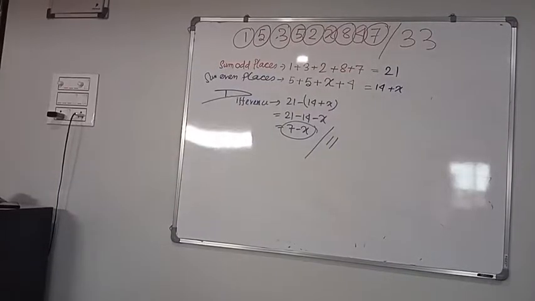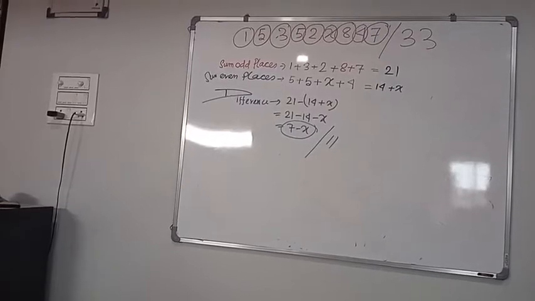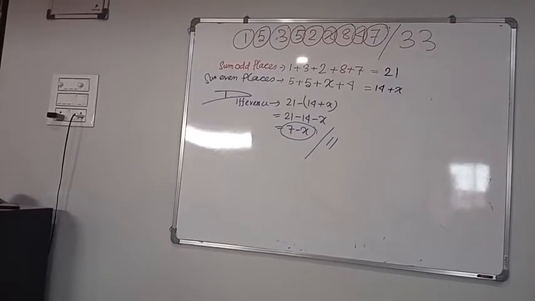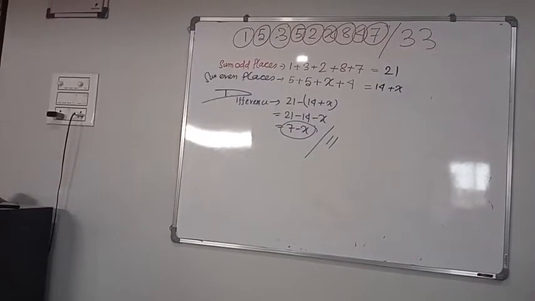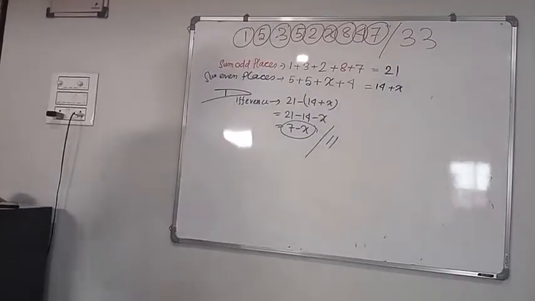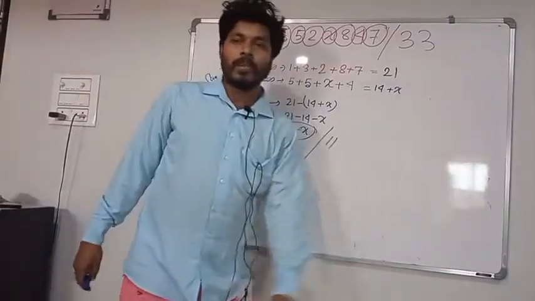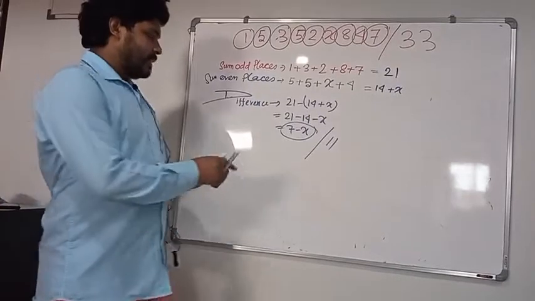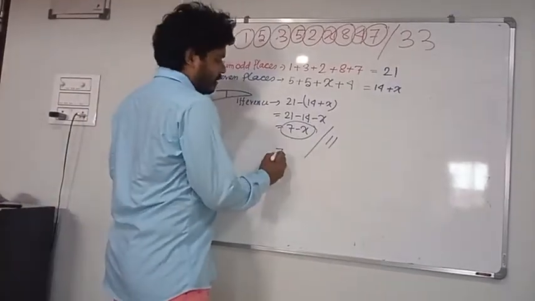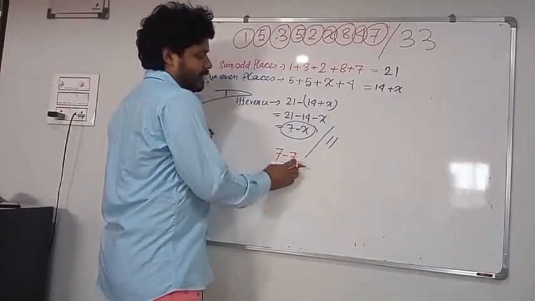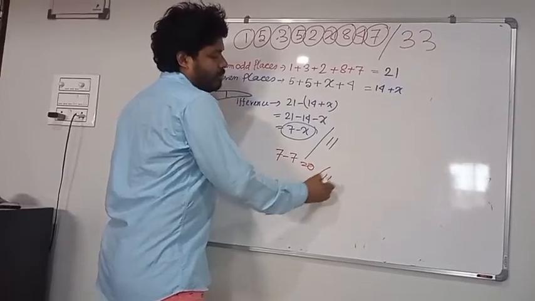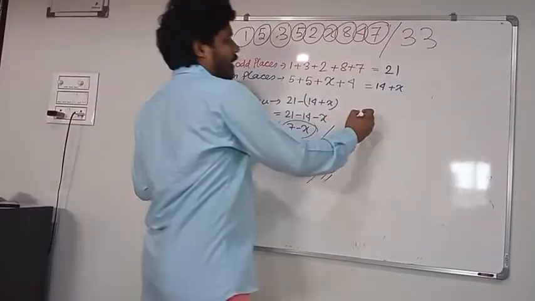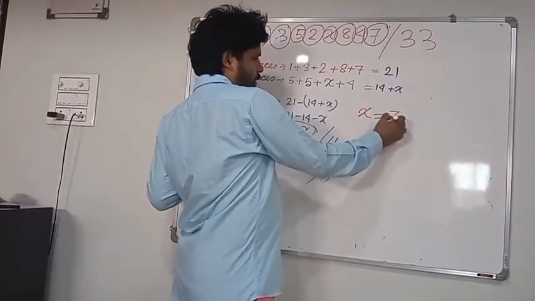If the value is 4, then 7 minus 4 is 3. If x is 7, then 7 minus 7 is 0. 0 is always divisible by any number. So x is 7.